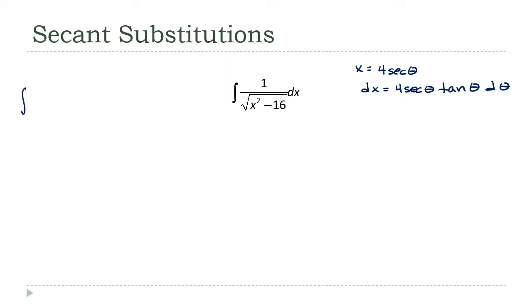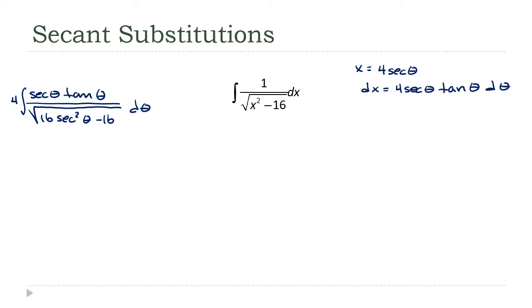This is the integral of 4 secant theta tangent theta over the square root of 4 secant theta squared, so that's 16 secant squared theta minus 16, all d theta.